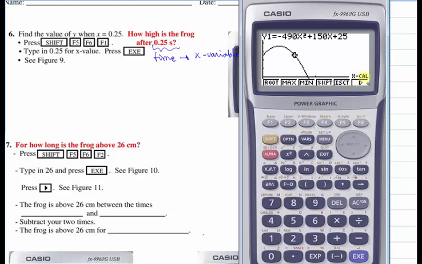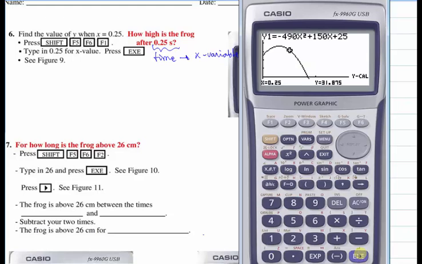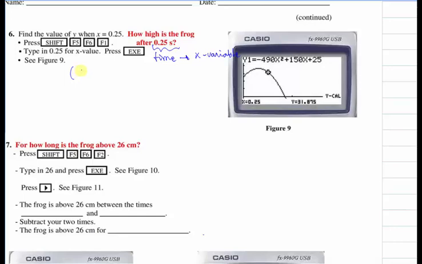We want more options, so F6, and we want to calculate the value of y when x is 0.25, so we want y calc. And we're going to plug in 0.25 for x, and we're going to execute, and we can see that our coordinates for this point on the graph is at 0.25 and 31.9.